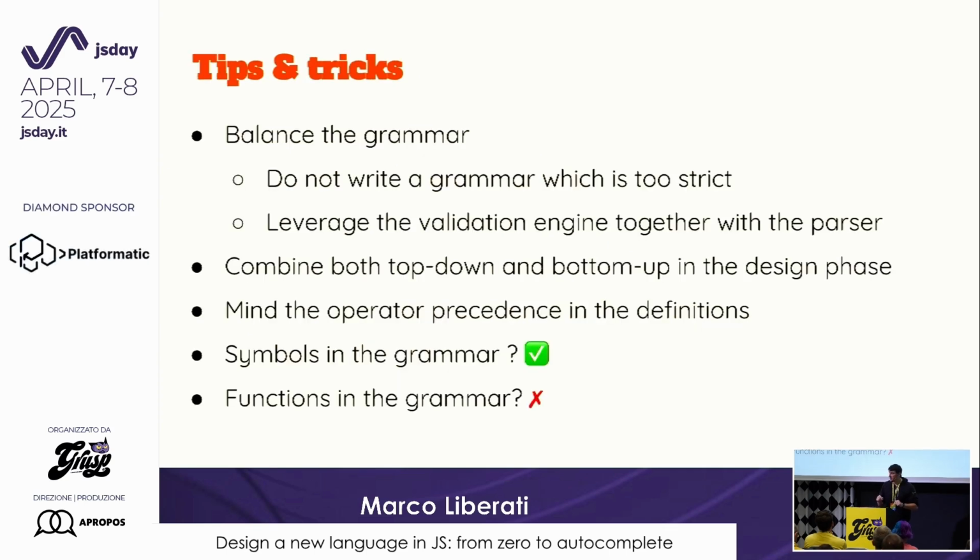So from this, a few tips and tricks I learned while doing this twice. I made the error at least once. Balance the grammar when you define it, which means don't try to be too strict. When you define a grammar, you actually define a library, and you can have higher level services for that. So take functions. If you want to define functions or commands in your new language, don't try to list them all within the grammar.